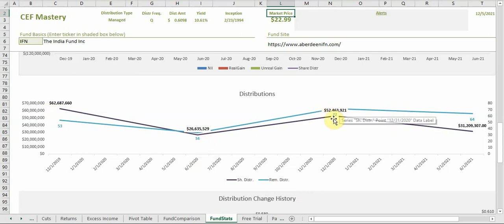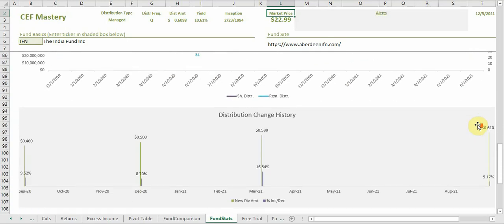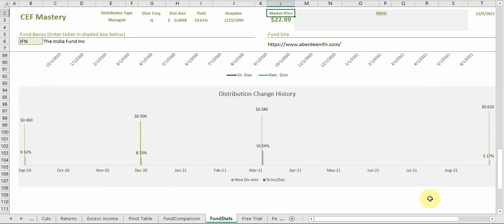Then it doubles again almost annual, and it gets cut down almost in half in a 6-month period. Basically, what this chart tells you is if a fund's distributions are growing over time, and if the remaining distributions are growing over time, that's an indication that they're consistently exceeding the amount of distributions they're paying out, which is also good.